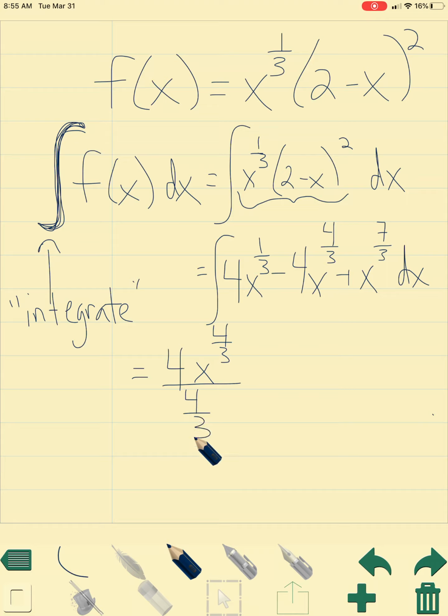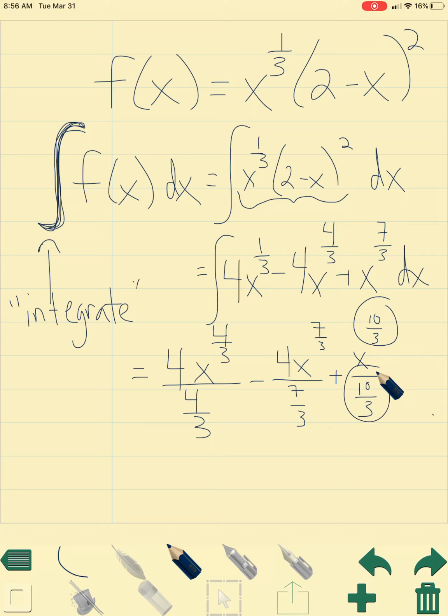So divide by 4/3, minus 4x to the, now this is going to be 7/3, divided by 7/3, plus x to the 10/3, stepping up, divided by 10/3. Whatever you step up to, that's going to be your denominator.